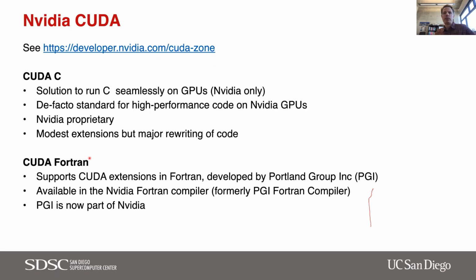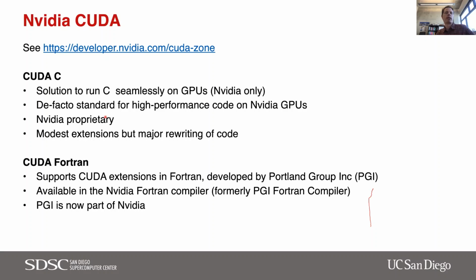So let's take a very brief look at CUDA. I still have a lot that I want to go through. I want to briefly touch CUDA, and I briefly want to touch OpenACC for you before we go to profiling. There's a lot of information at this link here. For CUDA, there's C or C++ available, actually. It's not only C. It is a solution to run C or C++ seamlessly on GPUs.